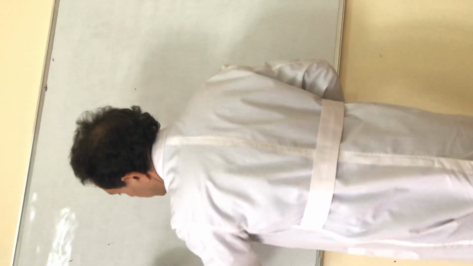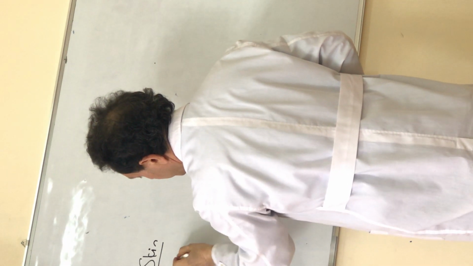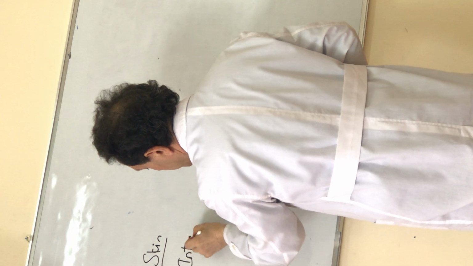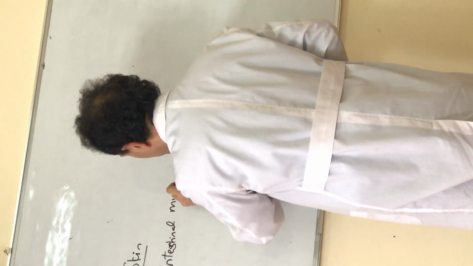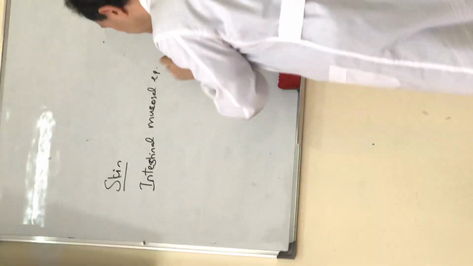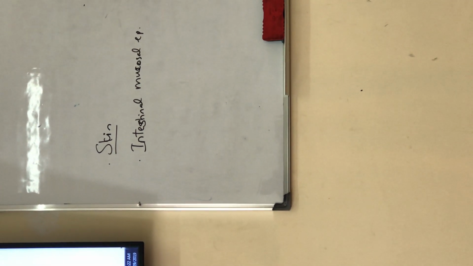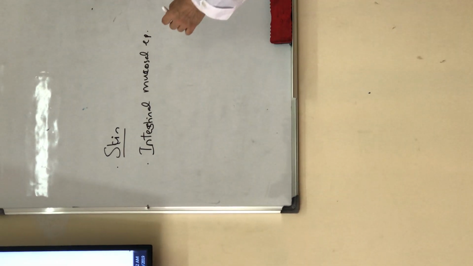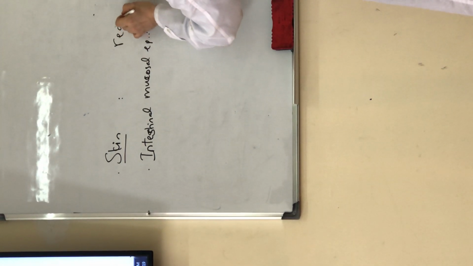So some cells such as skin cells, squamous epithelial cells, or intestinal mucosal epithelial cells, they regenerate easily. So these cells can proliferate and make new cells. They regenerate.